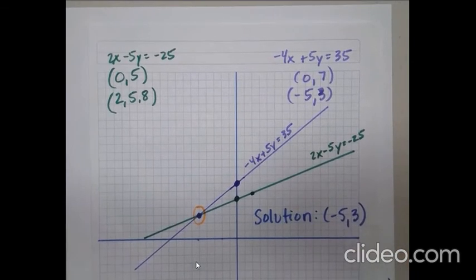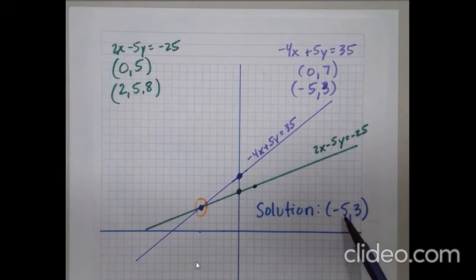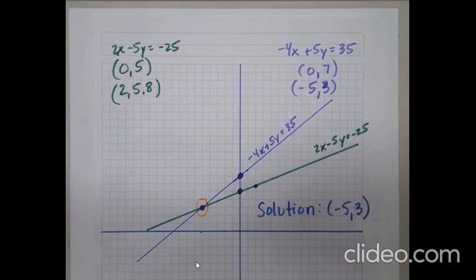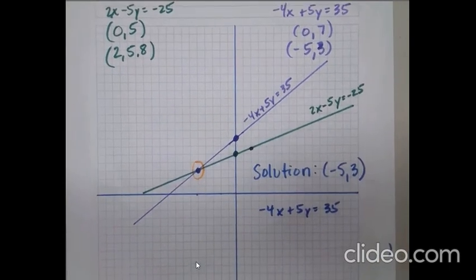The way you can check to make sure that you have done it correctly is to substitute -5, 3 back into each of these equations to make sure that what you've done is correct. So let's go. -4x plus 5y equals 35. Substitute -5 and 3.